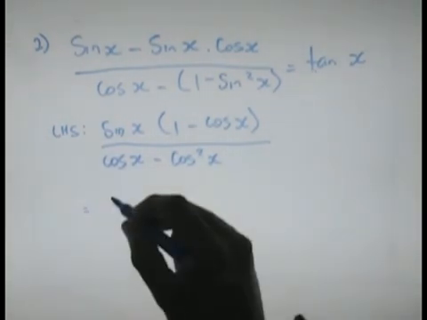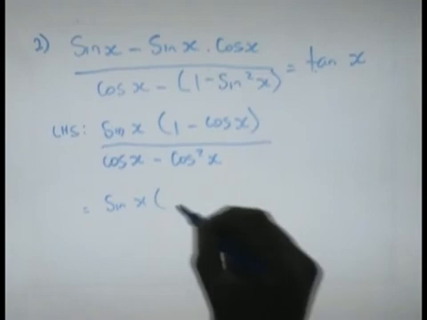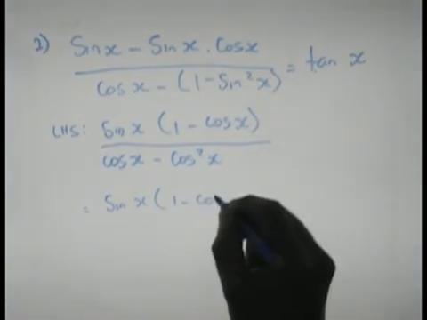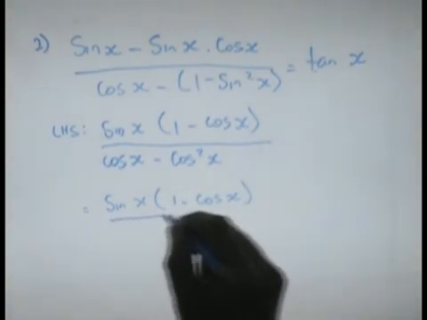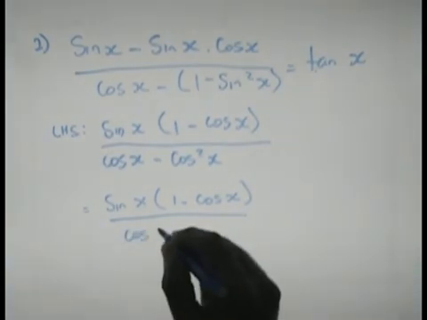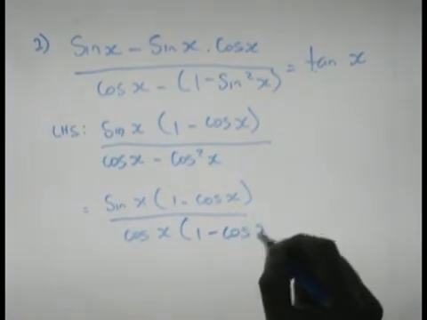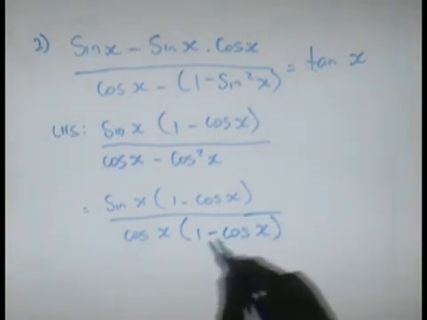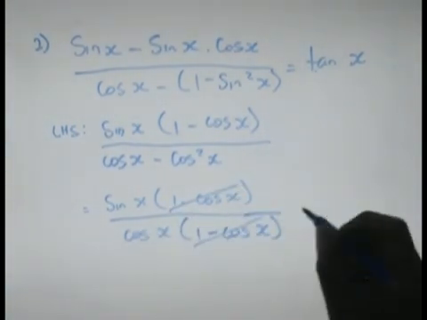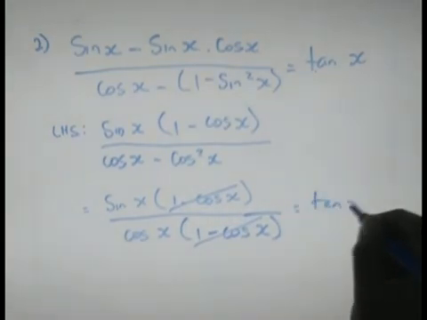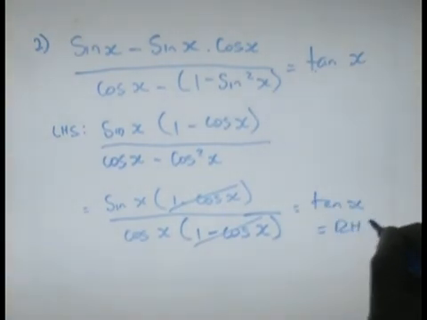From the denominator, I'm going to take out a common factor of cos x to leave me with 1 minus cos x. That and that cancels. Sine x over cos x is equal to tan x, which is equal to the right hand side.